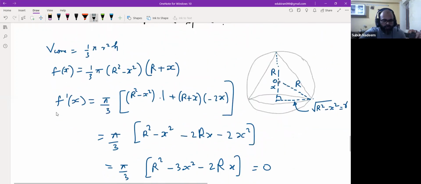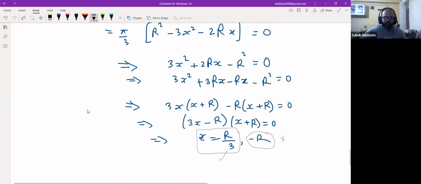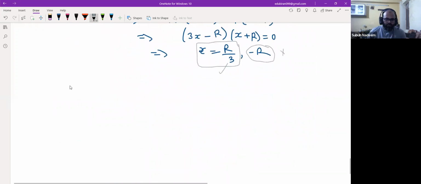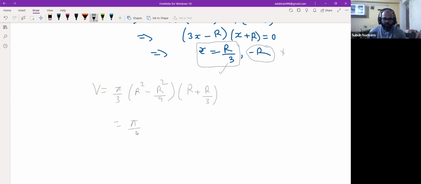So the volume was pi by 3 into R square minus x square, which is 8R square by 9, into R plus x, R plus R by 3, as we took there. Pi by 3 into R square into 8 by 9 into 4R by 3.